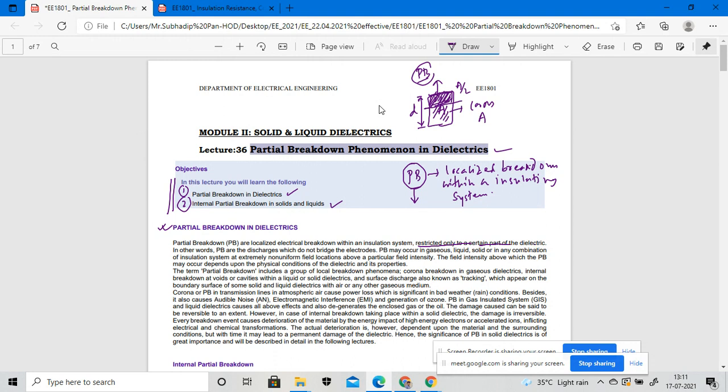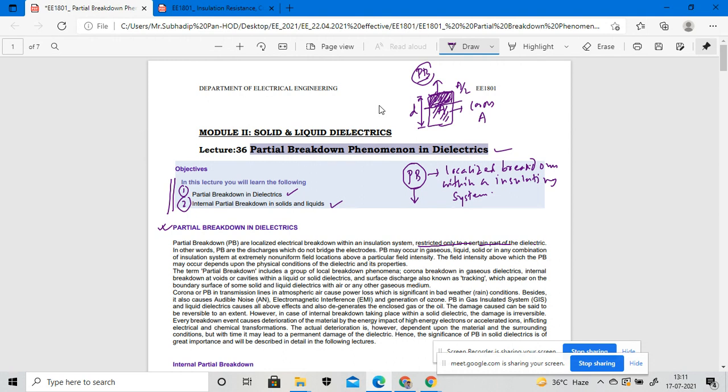In other words, we can also say partial breakdowns are discharges which do not breach the electrodes. If I consider the electrodes, the partial breakdown is the discharging process which does not breach any such electrodes.